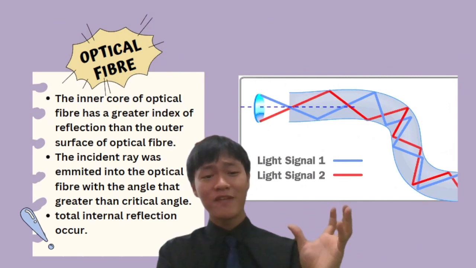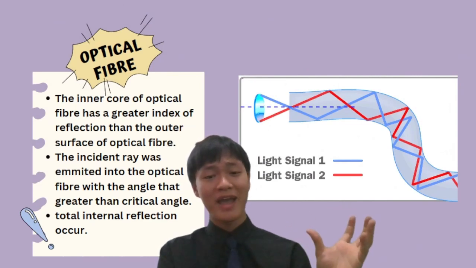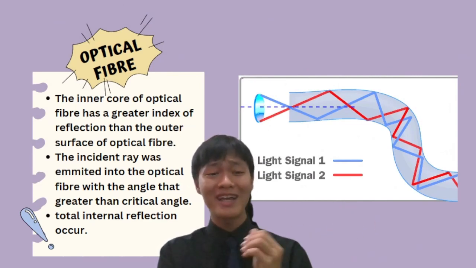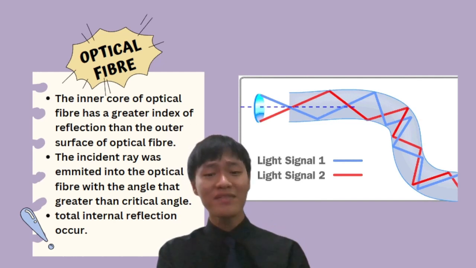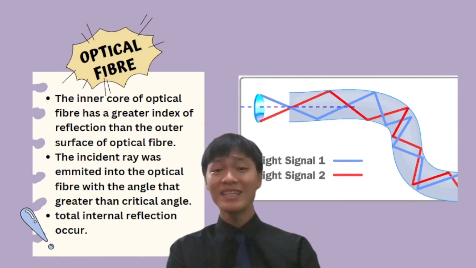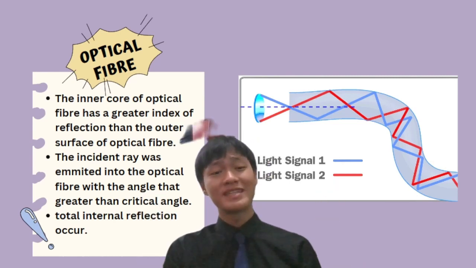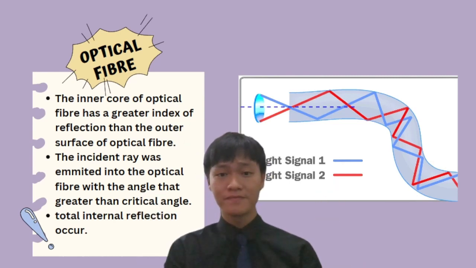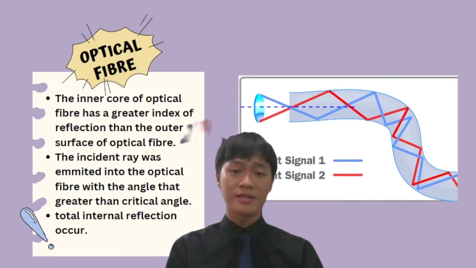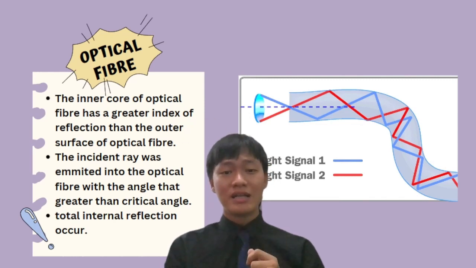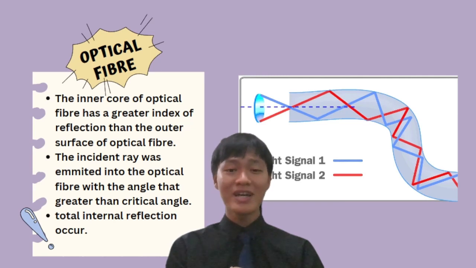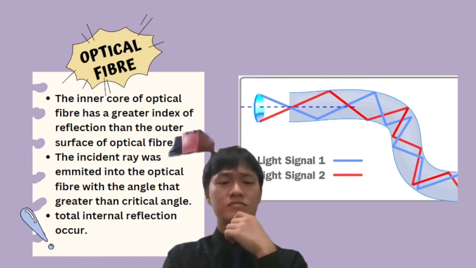Optical fiber is designed to have an inner core with a greater index of refraction than the outer surface of the optical fiber. So, when the incident ray, which we call the signal, is emitted into the optical fiber, total internal reflection will occur because the angle of incidence is greater than the critical angle.